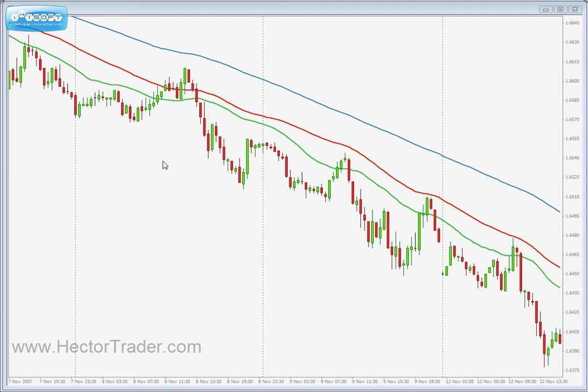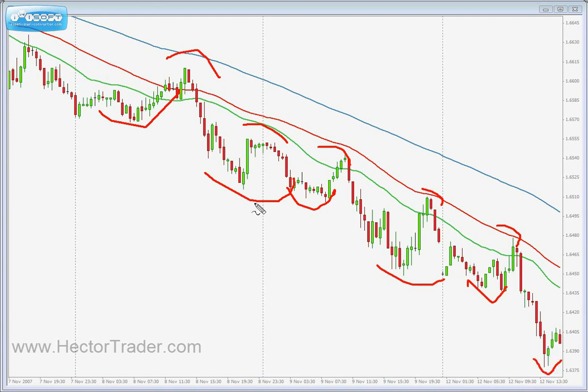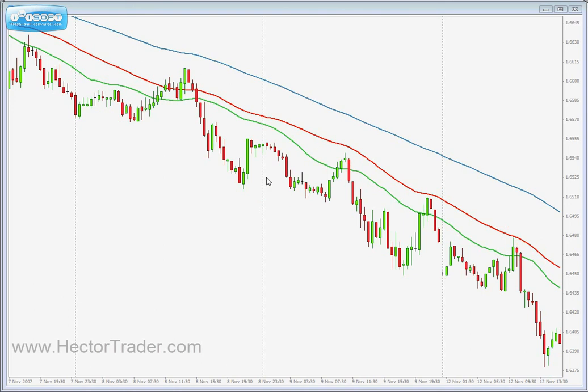But anyway, from an overall point of view, we can clearly see that we are, as far as my moving averages go, and also as far as making lower highs and moreover lower lows. Have a look at that, how we're making lower highs and lower lows. Well, we can clearly state that this is a healthy downtrend.